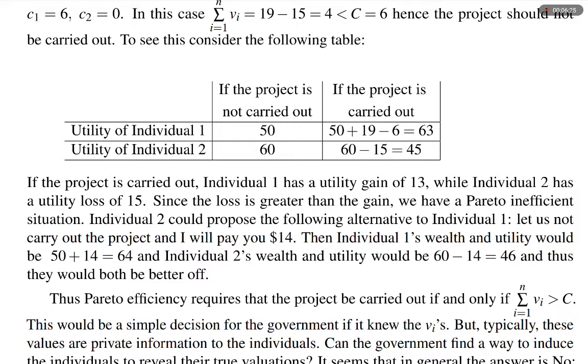We have utility of individual 1 is 50 if the project is not carried out. If the project is carried out, utility of individual 1 is 50 plus 19 minus 6 equals 63. Utility of individual 2 is 60 if the project is not carried out. If the project is carried out, the utility of individual 2 is 60 minus 15 equals 45.